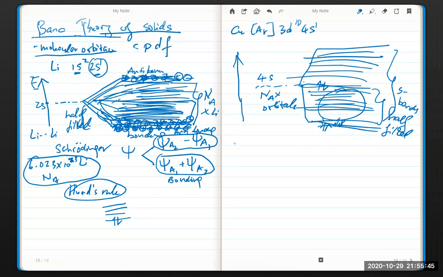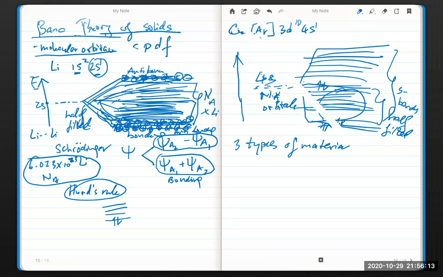So this is type 1. In terms of electrical conductivity, you have three types of materials. Sorry, Avogadro number of orbitals.